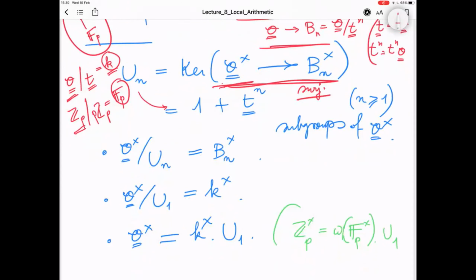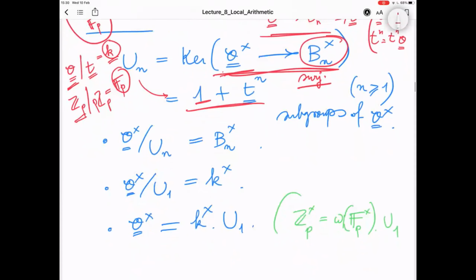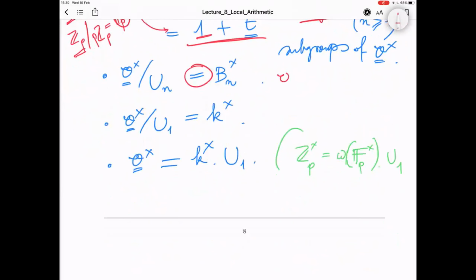It's basically 1 plus T^n, because these are the elements which go to 1 here, right? Okay, so this equality shows that this map from O* to B_n* is surjective. This is kind of completely obvious.